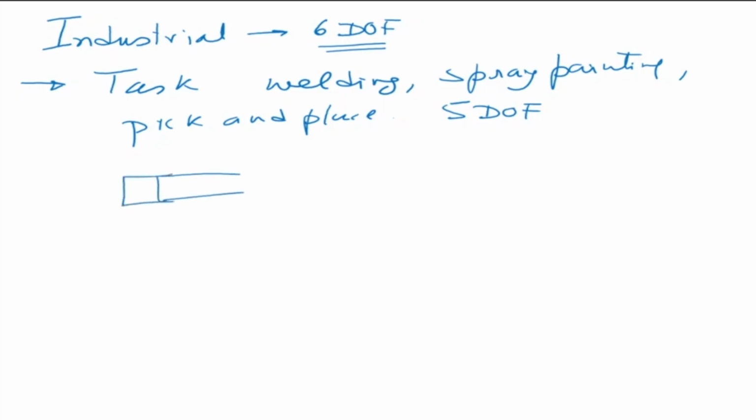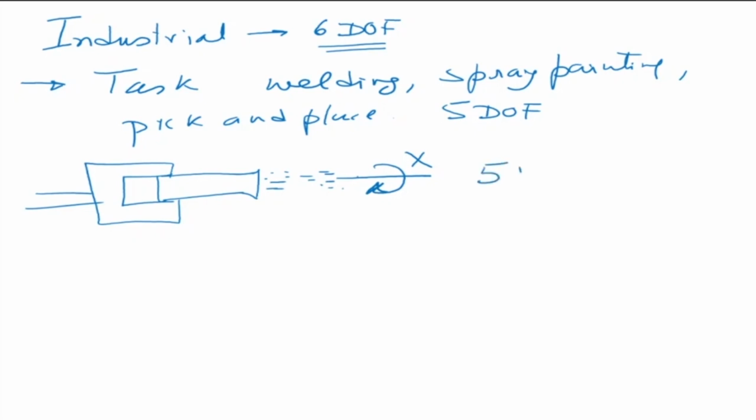This is just an example. So we have a robotic gripper which is holding this, and we have a spray gun here from which the spray is coming out. This would require that you position and orient the spray gun, but you do not require the rotation axis here. You don't require the spray gun to be rotated about its own axis, which means that you do not require 6 degrees of freedom. This is an application where you require 5 degrees of freedom.